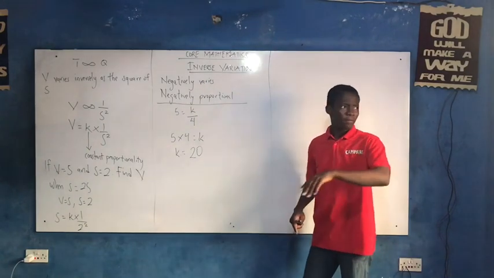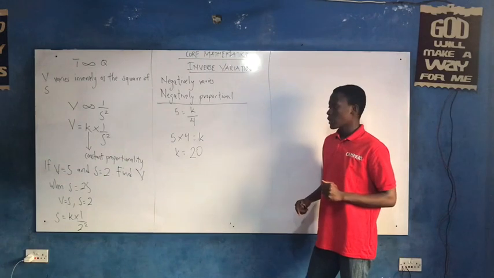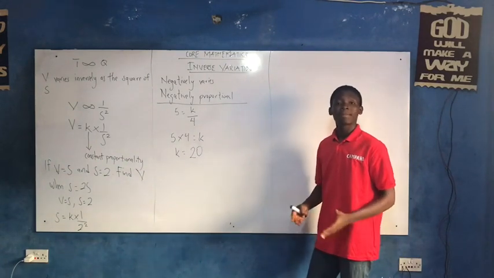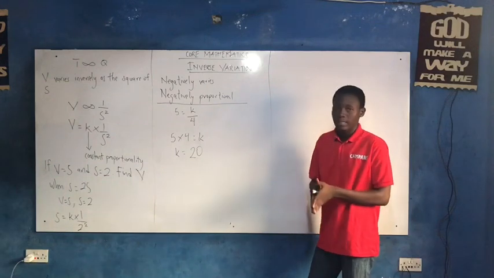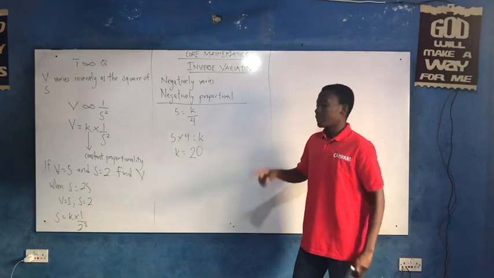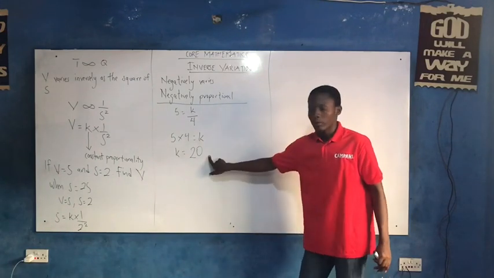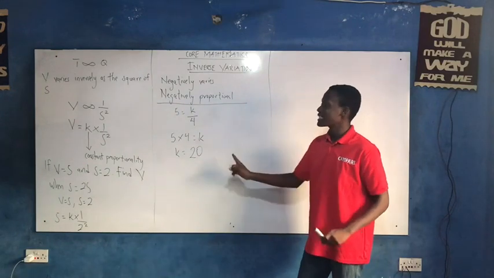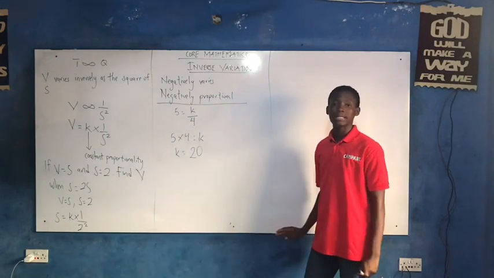But before we go to that, they can also ask you a question to find an equation which connects S and V together. To do that, the first thing you have to do is to find K, which you have gotten. Then we just need to put the value of K into the equation.